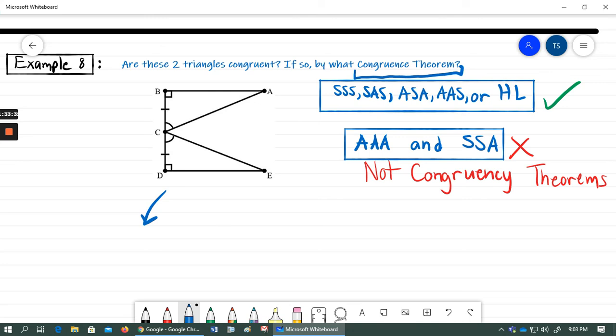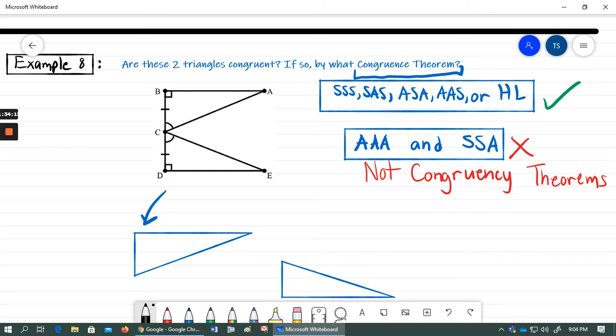So again, folks, if we look at both of these triangles, one of them like that, and the other one upside down, or not upside down, but like that. Okay, well, these are right triangles.